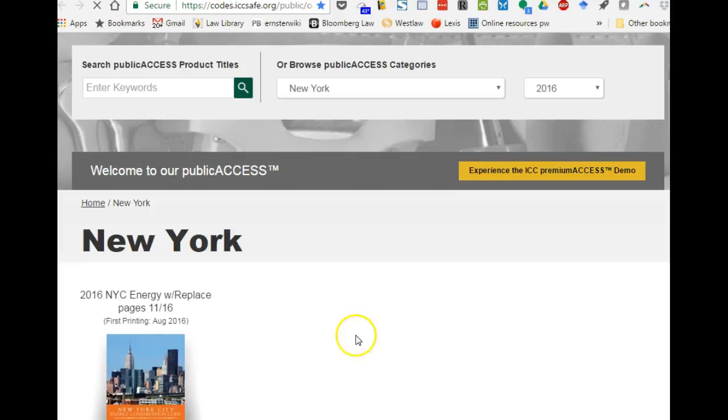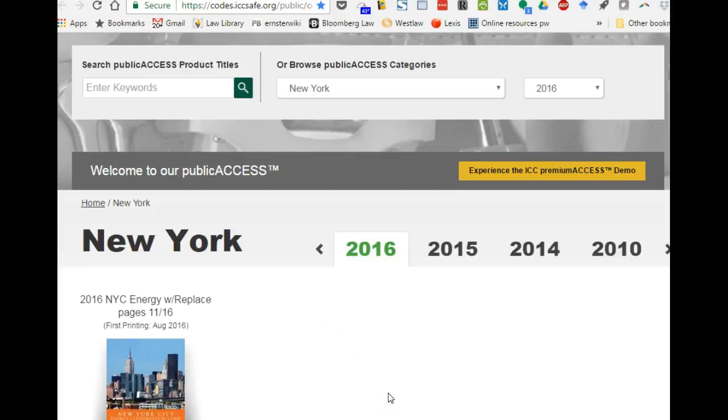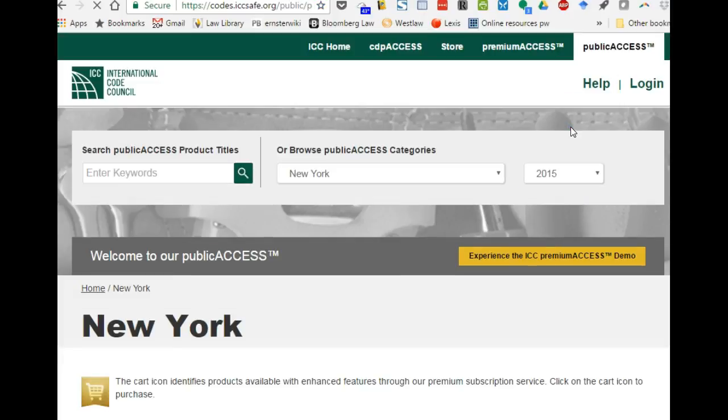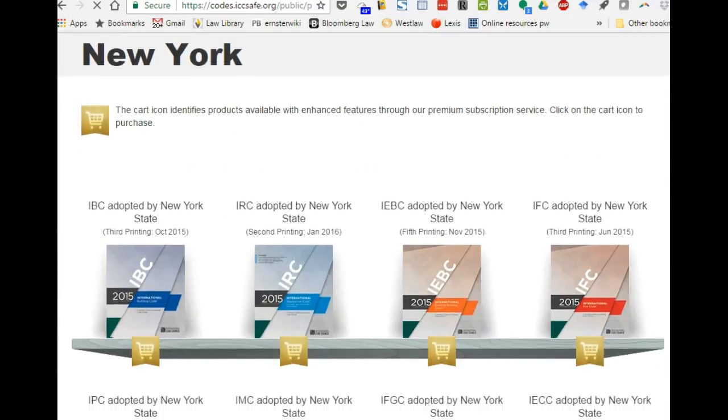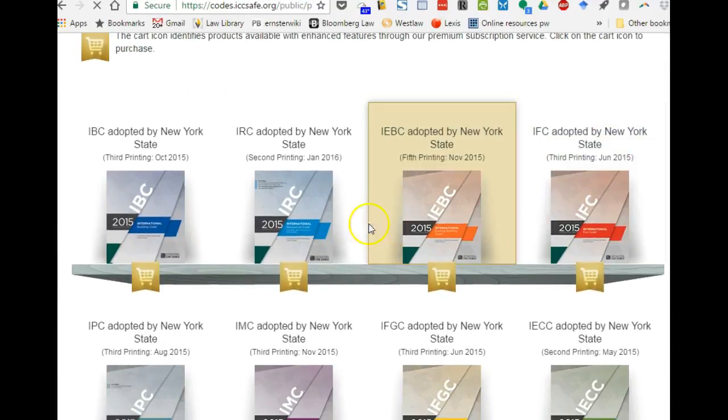Well, I don't know why that's not working, but essentially we would see the building code. Nope. We would see building code, fire code. Let's do it that way. Ha! Doesn't work one way, try the other.